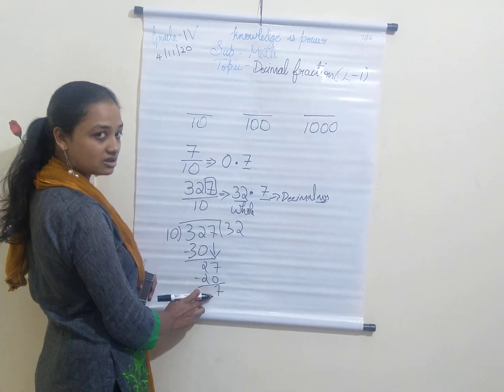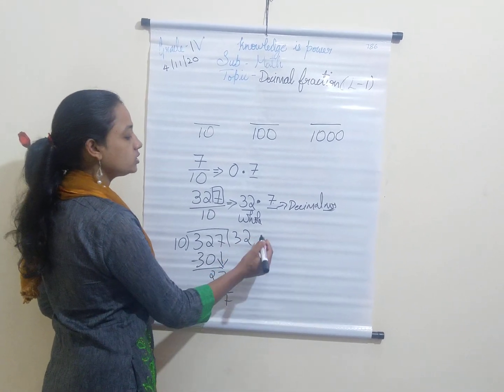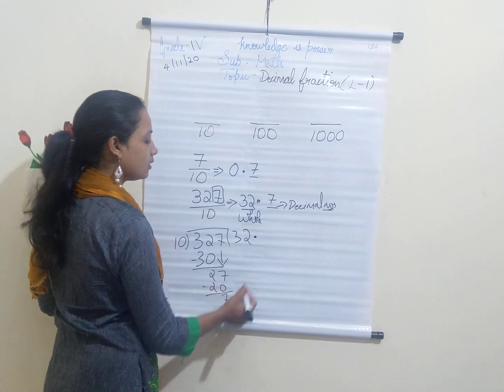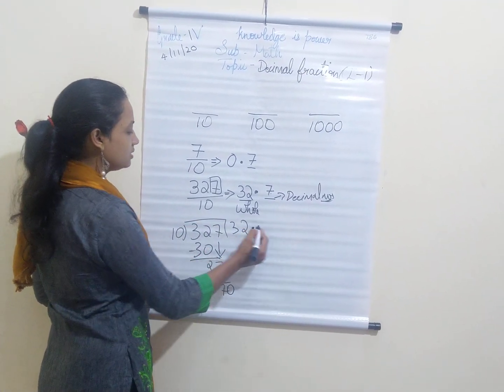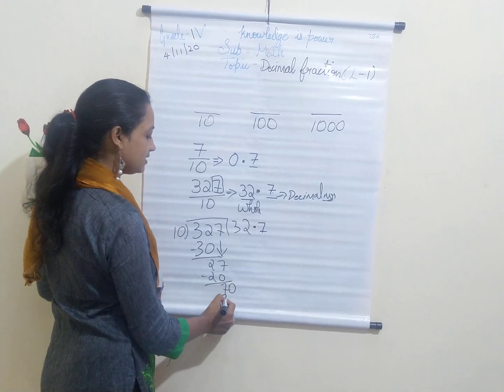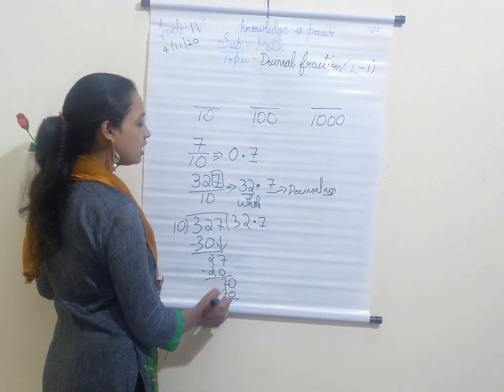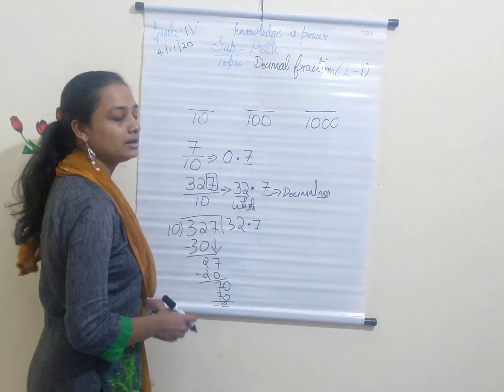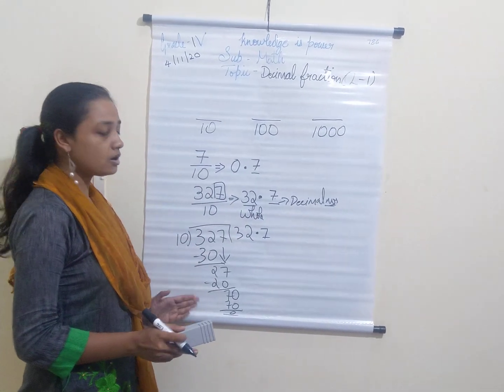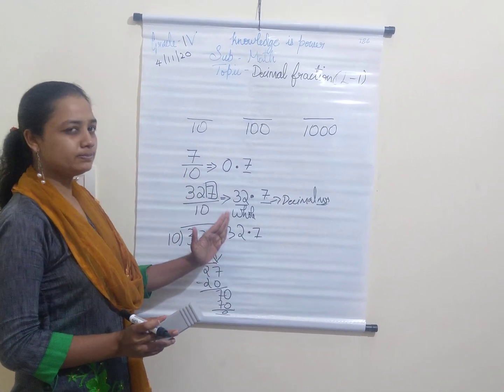So I still have a remainder. What should I do? I should keep a decimal point and write 0 here. And now 10 7s are 70. This is how you actually convert the fraction into a decimal. But instead of doing such a long method, I am teaching a simple way.